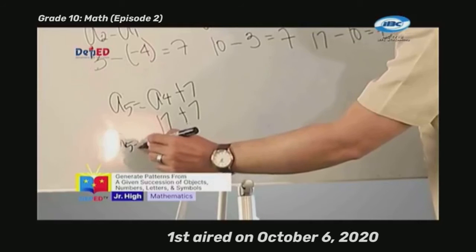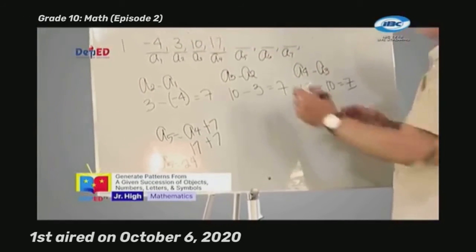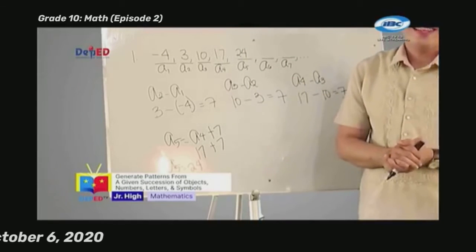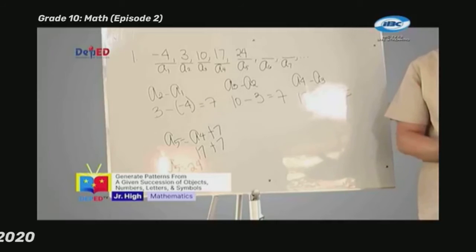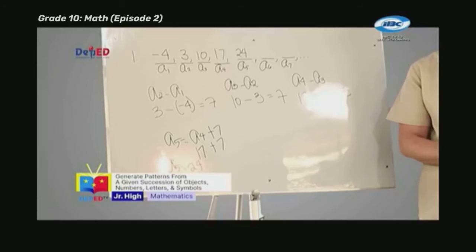The fifth term will be now equal to 24. What do you think the sixth and seventh term will be? Go ahead and make it a try. I'll give you 10 seconds.